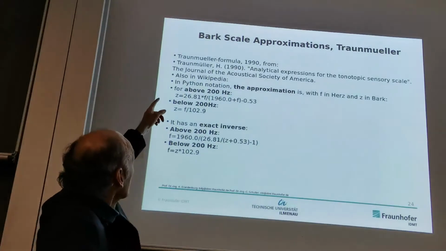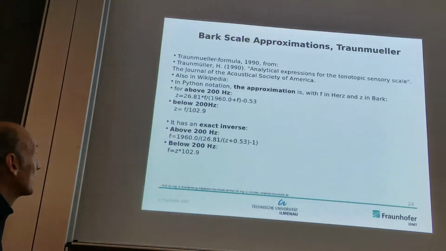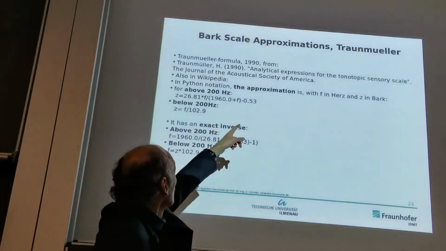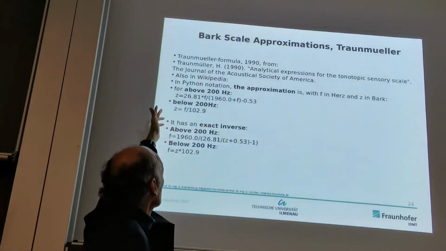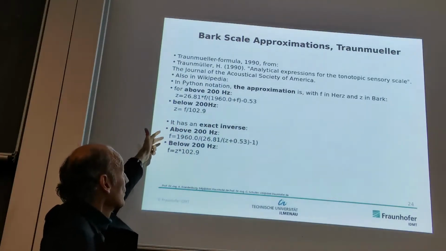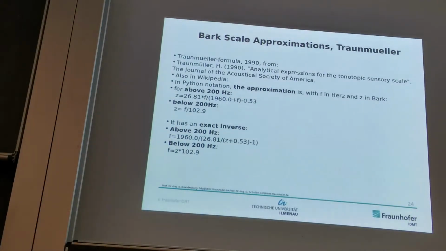Yeah, and here we have another one from Traunmüller from 1990. And it's actually quite a simple formula. You can see it in the beginning, and then it has the exact inverse, which you can see here. And we can plot it.